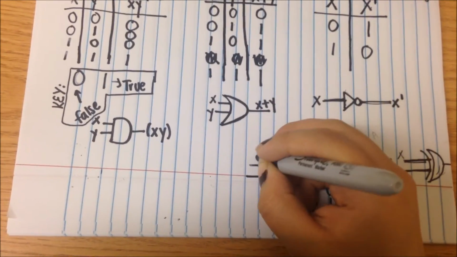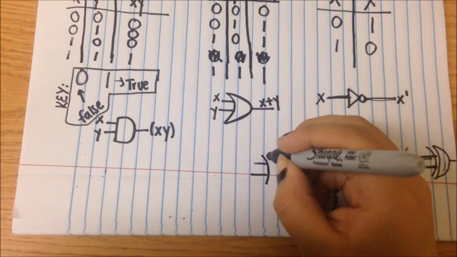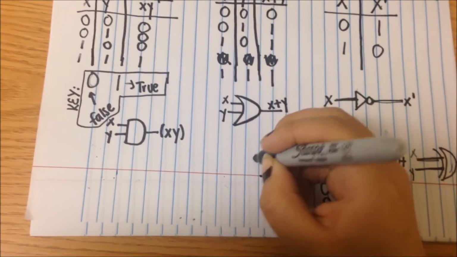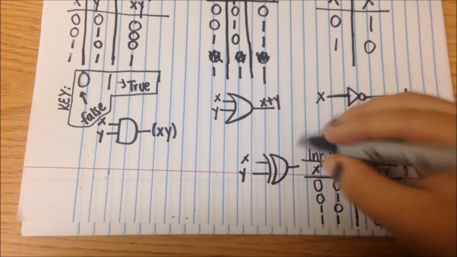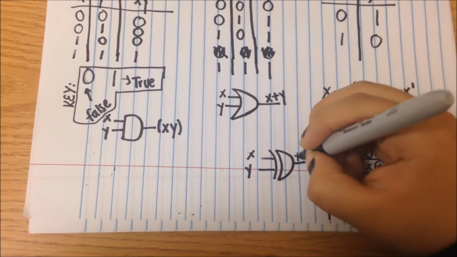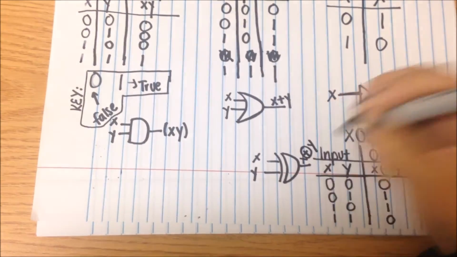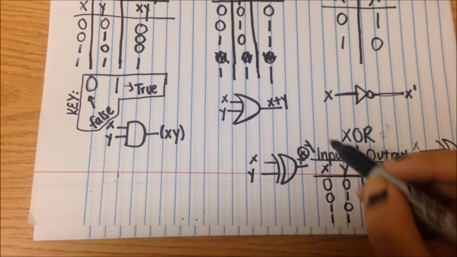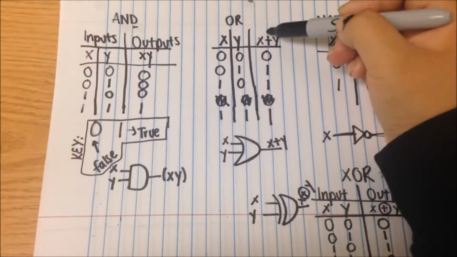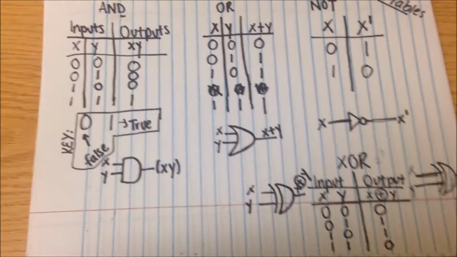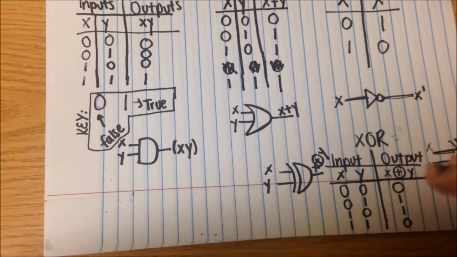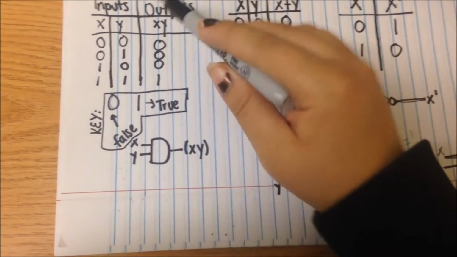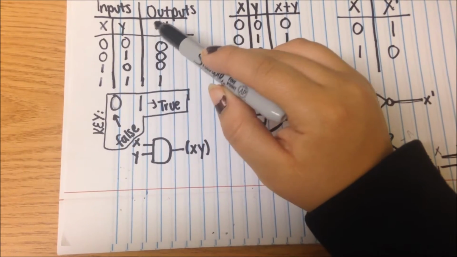Your inputs are x and y, and of course your output is just x. There you go: x with a plus and a circle around it so that you don't get confused that it could be an OR. So I highly encourage you to memorize that the plus here is your OR, and your AND here is to multiply.